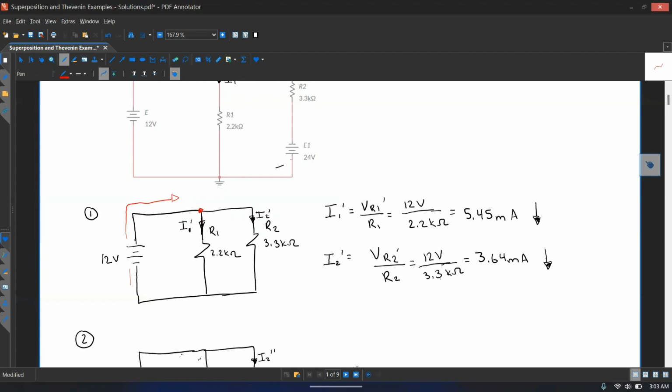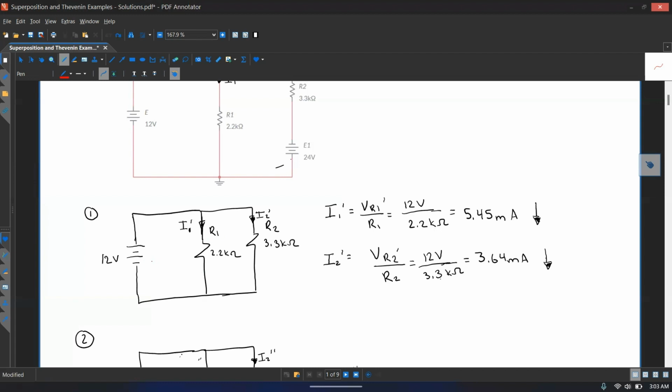And the reason being is because the direction of the currents that are flowing through each resistor respectively is going to matter at the very end whenever we are adding the two currents that we found with respect to the voltage source that we're going to be working with.